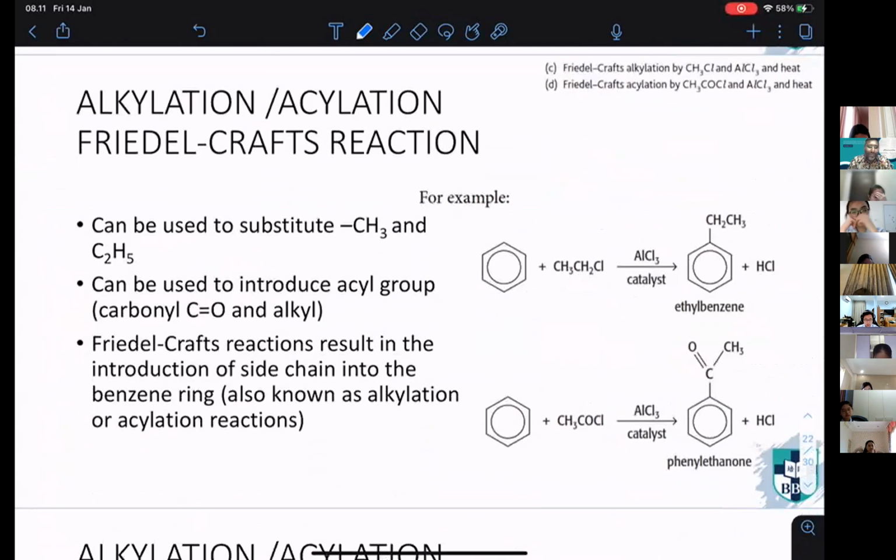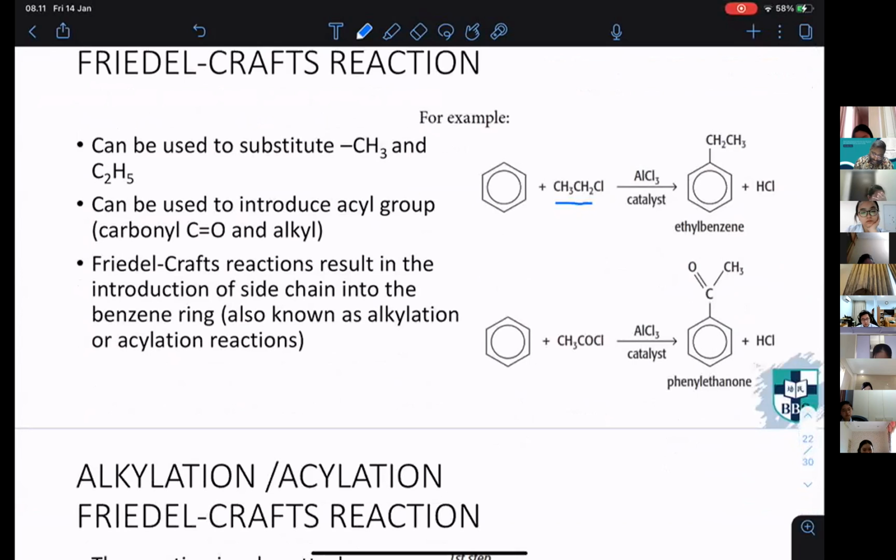If you just want to focus on alkyl only, then we call it alkylation. But if you're talking about acyl, acyl means C double bond O and then R. If you want that, then it's going to be acylation.